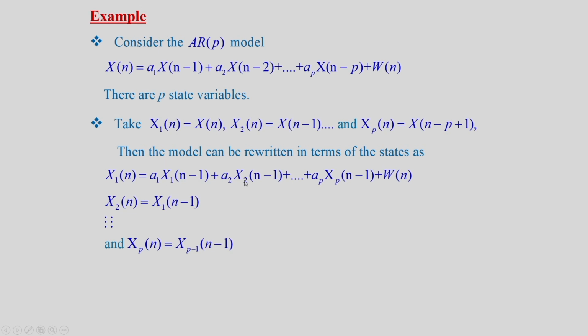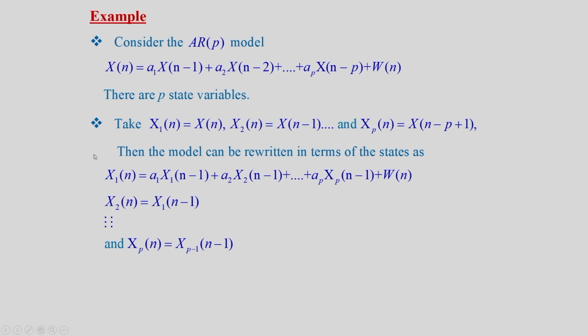So, that way this will be x2 of n minus 1. Similarly, the last term we can write as ap into xp of n minus 1 plus this wn. So, this way the first state equation can be written in terms of other states like this, and here we see that all are first order difference.